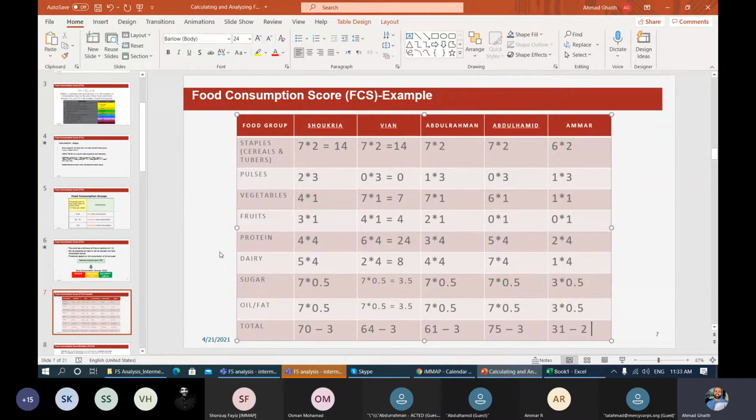The consideration of other indicators is key, especially consumption-based coping strategies, because if we think about a household eating staples, pulses, vegetables, protein, and when we get to this, we'll explain a bit more, but in the consumption-based coping strategies, maybe the adults are not eating as much as the children so that the children can eat more. So the consumption score can be high and the food security can still be low because the adults aren't getting enough energy.